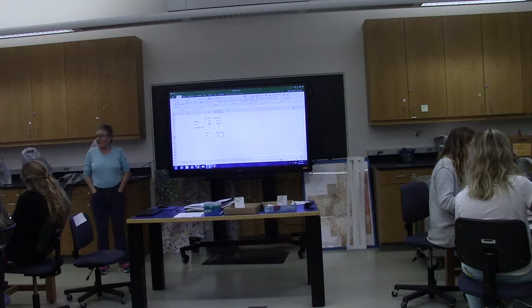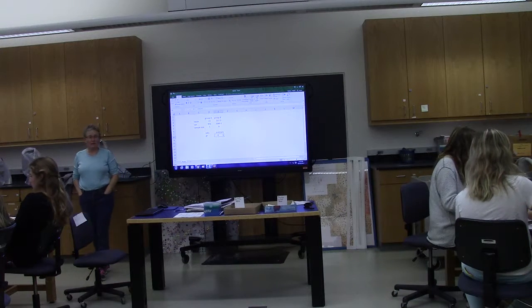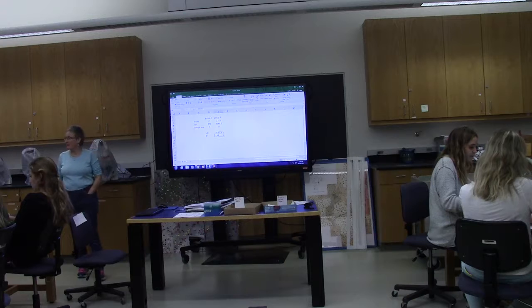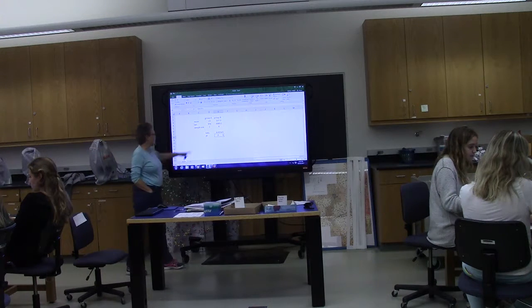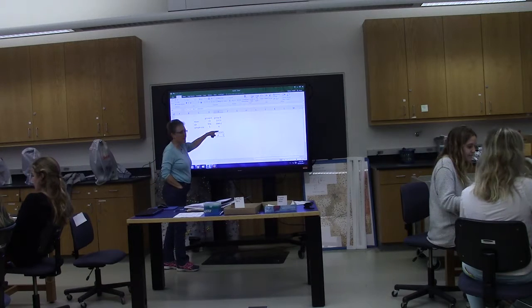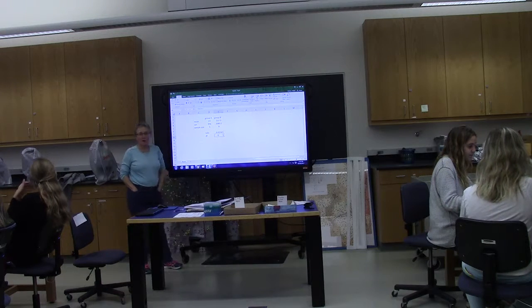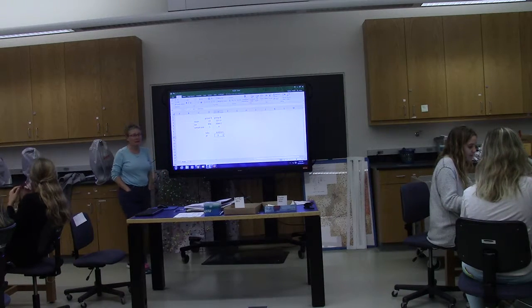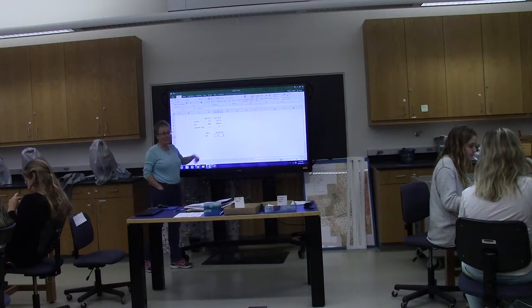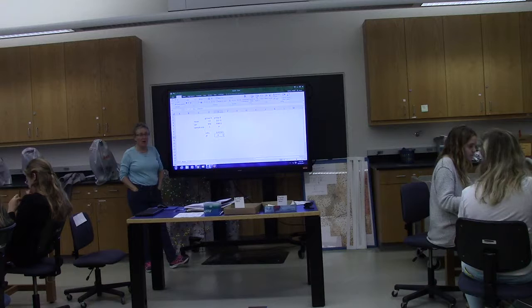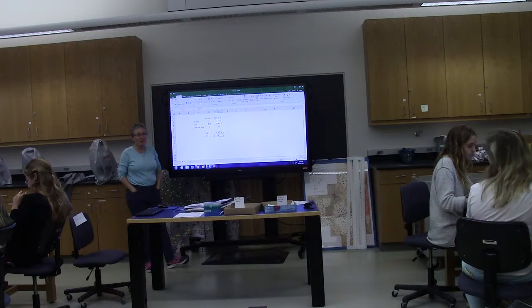The other thing I have to decide is whether this is a one-tailed or a two-tailed t-test. This in fact is some clammy data, so this is baseline and this is t equals 0. So I would expect to see more non-moving clammy after the pH drop. So that tells me it's a one-tailed test.